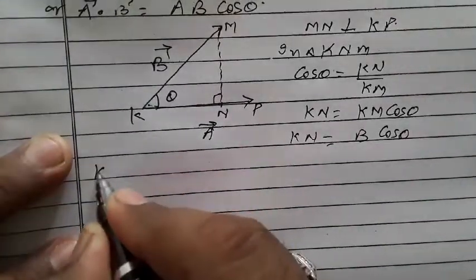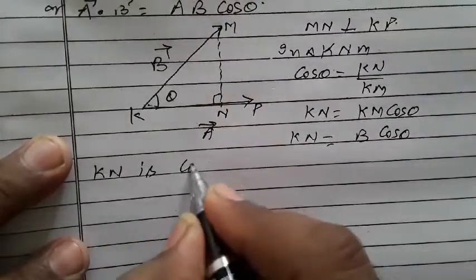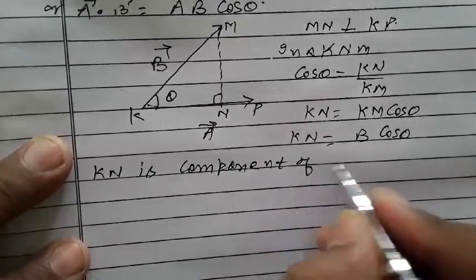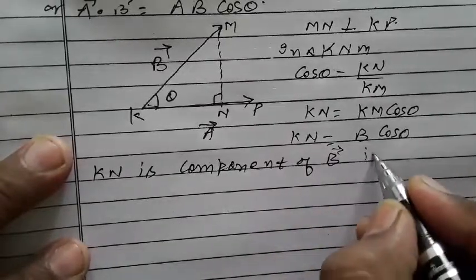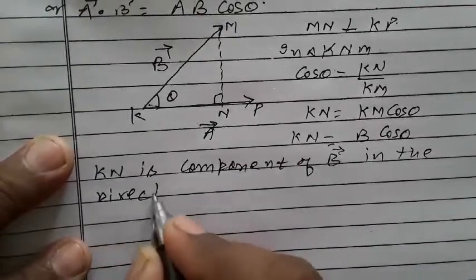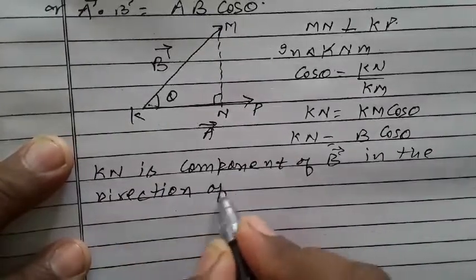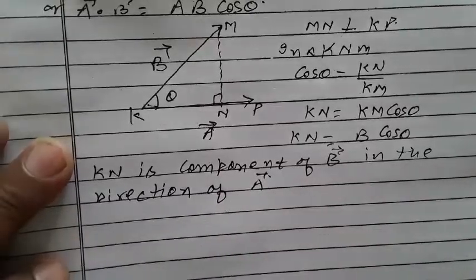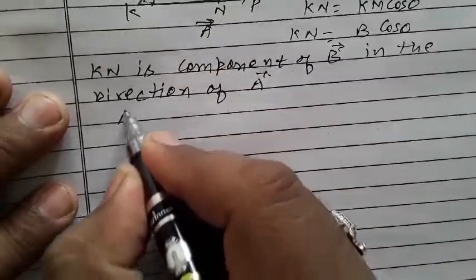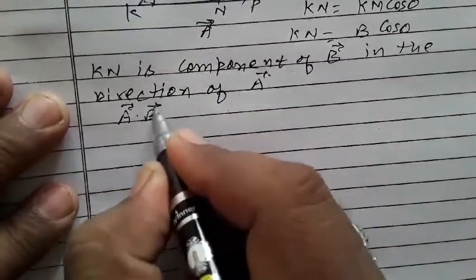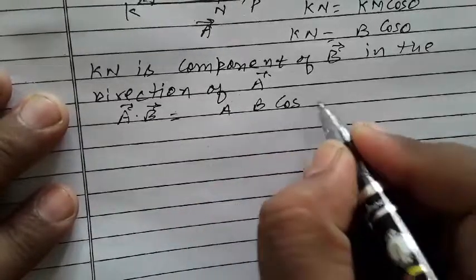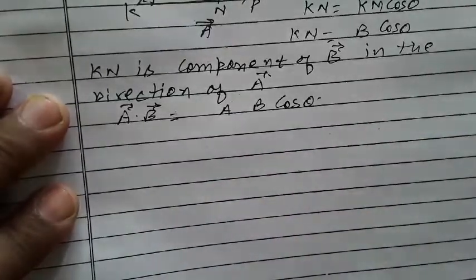Now here KN is the component of vector b in the direction of vector a. So we can write a vector dot b vector equals a into b into cos theta.